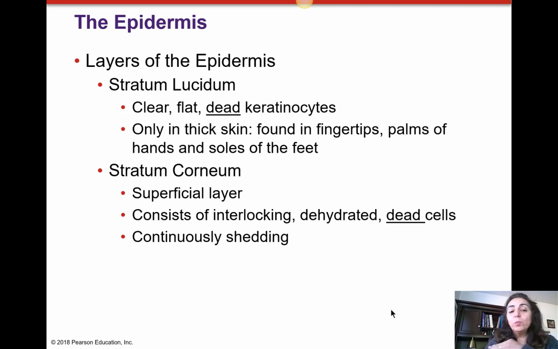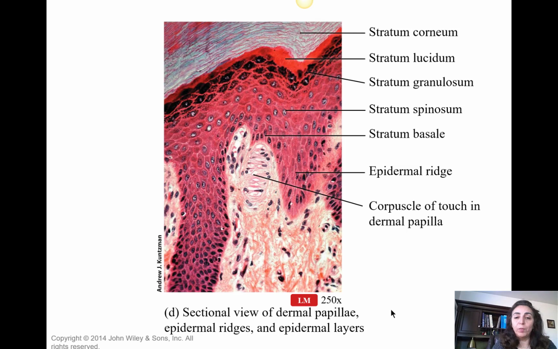Pay attention: the difference between thick and thin skin, besides having or not having the stratum lucidum, comes with the thickness of the stratum corneum too. Thin skin generally has a thinner stratum corneum, and thick skin has a thicker stratum corneum.